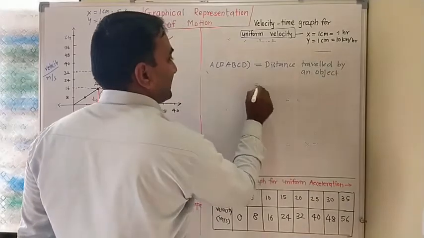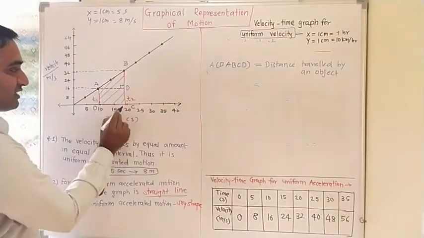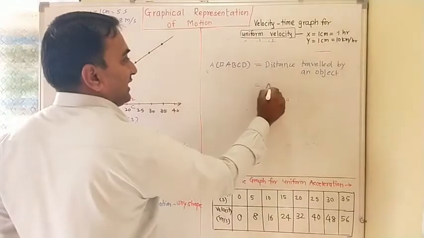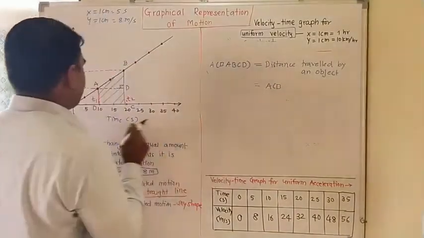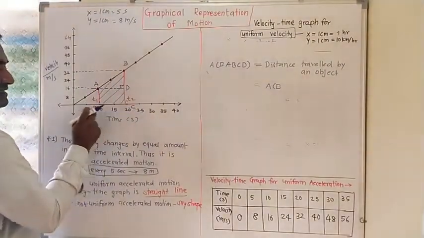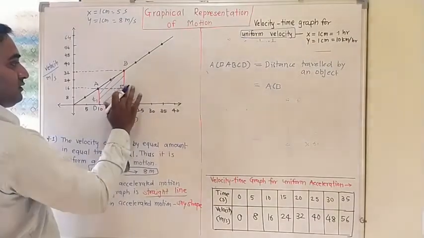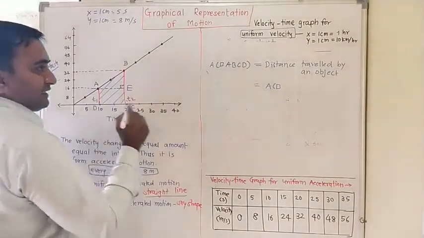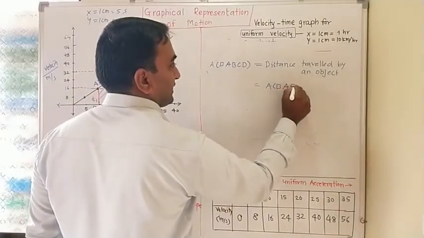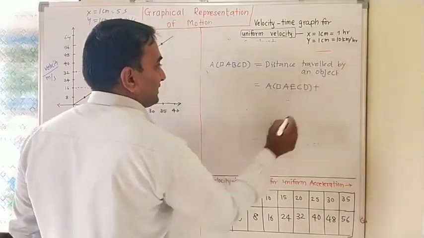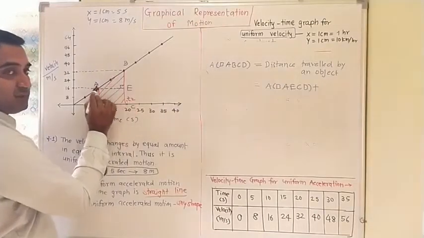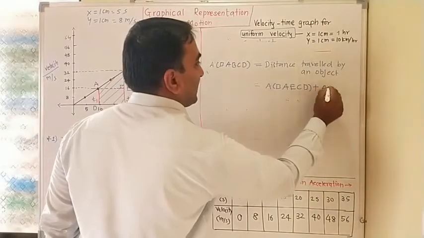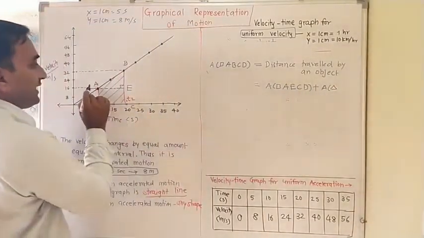So how to find that one? See here, we have a quadrilateral. So here the area of the quadrilateral ABCD, consider here E, is the area of AECD plus here we have one triangle. So area of the triangle, which one?